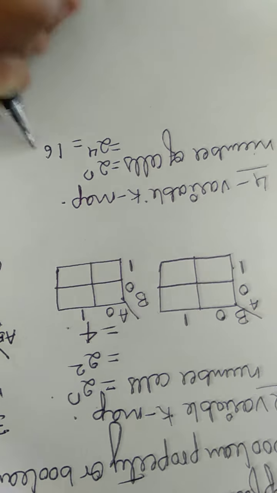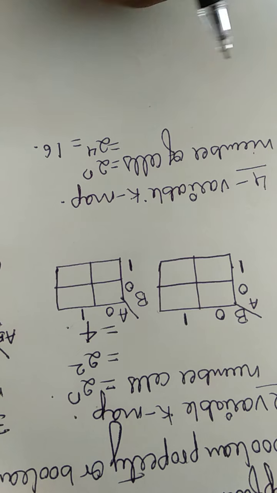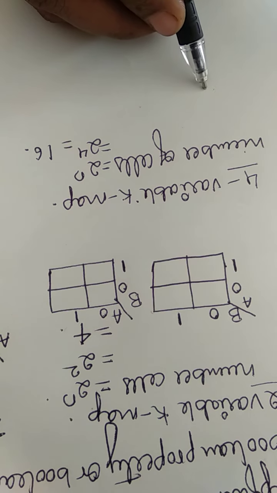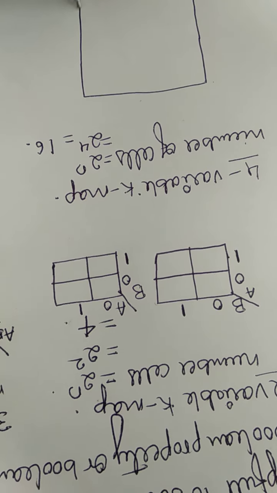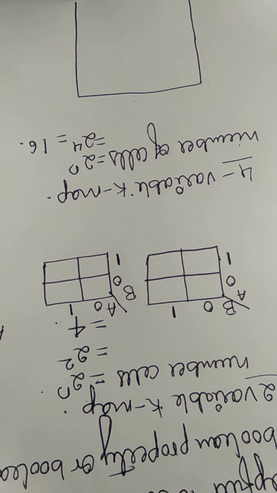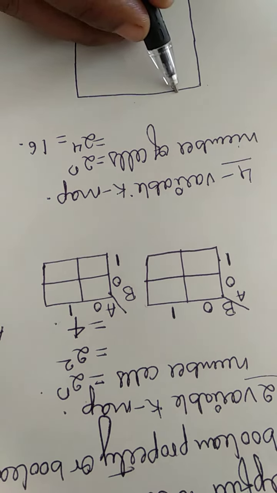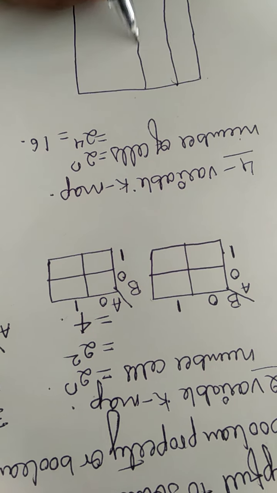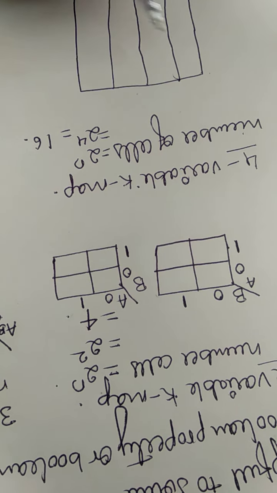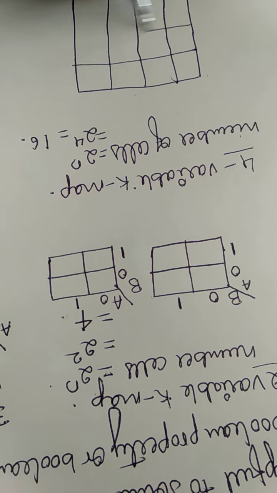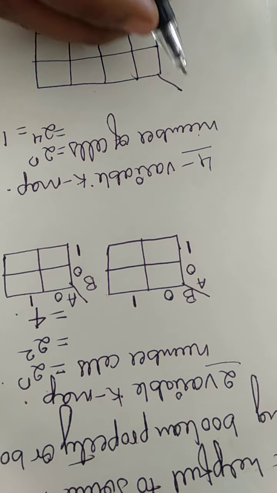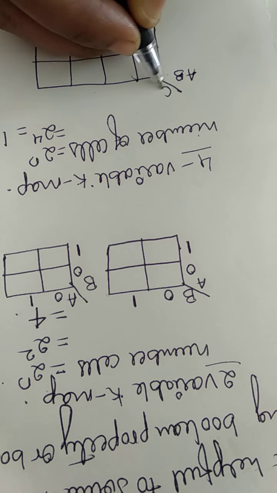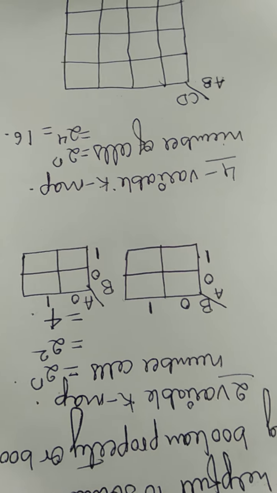It will be 16. So now we have to plot the number of cells as 16. So the combination of variables are A, B and C, D.